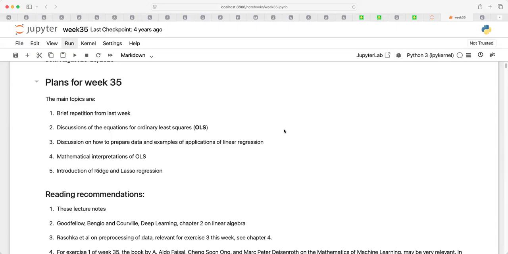And one of these is actually given by ridge regression and also lasso regression, which are popular methods. And we are going to start discussing them as well. And unavoidably, we have to sneak in a discussion of singular value decomposition, which is a very important algorithm in linear algebra and the analysis of what ordinary least squares is doing for us.